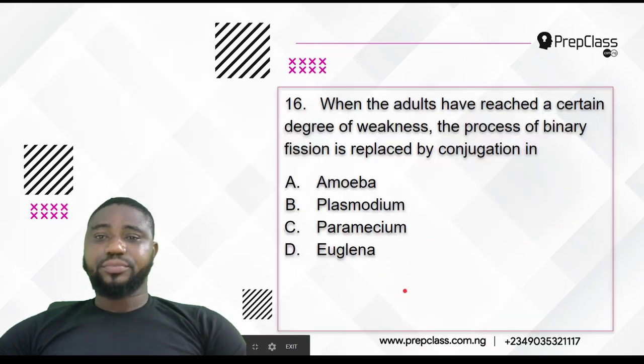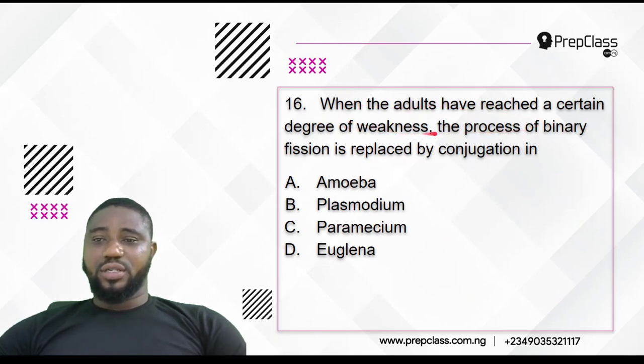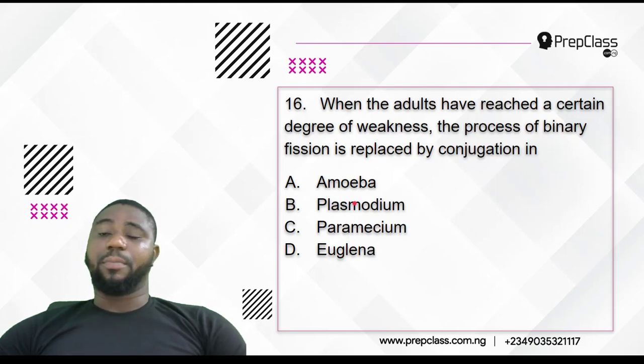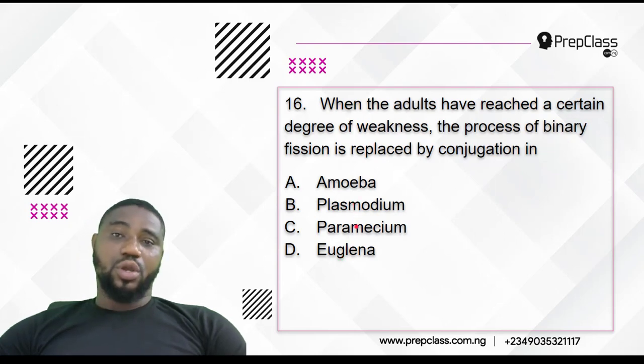Alright guys, let's move straight to the business of today. Question 16. When the adults have reached a certain degree of weakness, the process of binary fission is replaced by conjugation in, is it Amoeba, Plasmodium, Paramecium, or Euglena? All these are protozoa, and among all these, the only protozoa that can carry out conjugation is Paramecium.